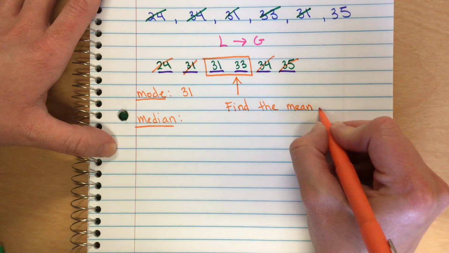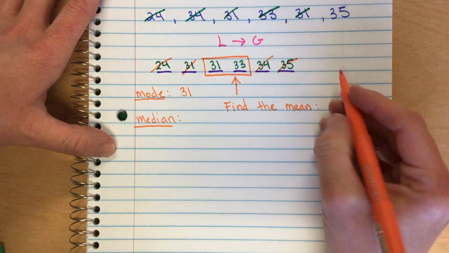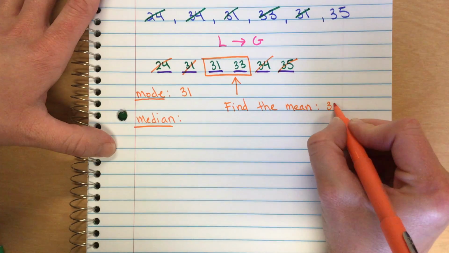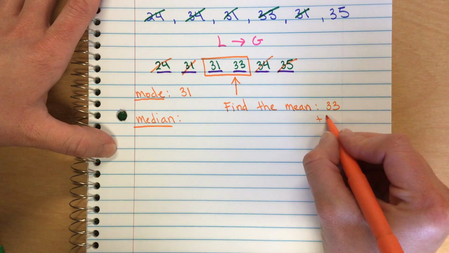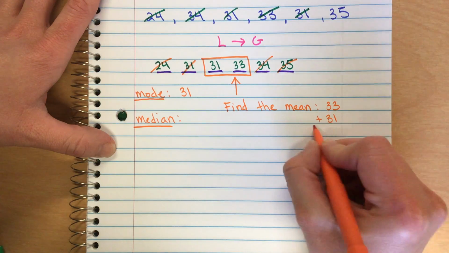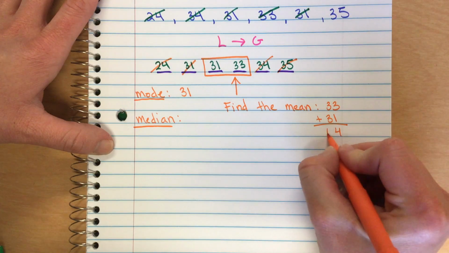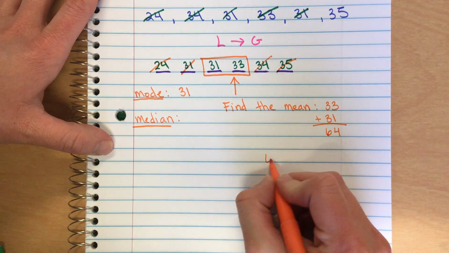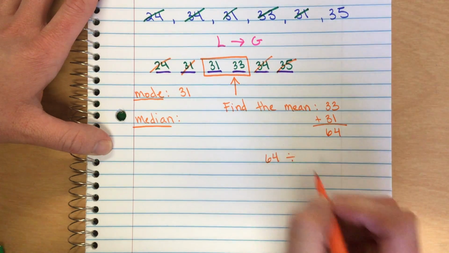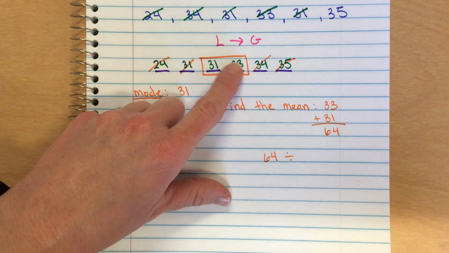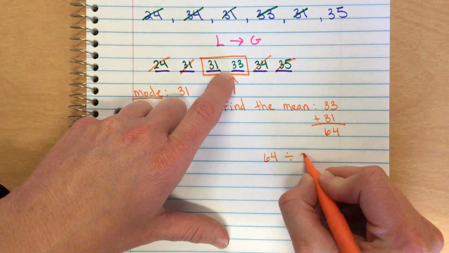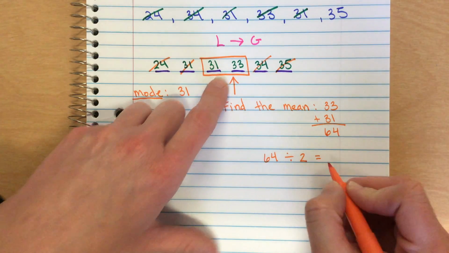Well, we take the sum, that gives us 64. Now we're going to take the sum and divide it by our number of items. Well, we're only finding the mean of these 2, so that means I'm going to divide by 2 because we're only doing these 2 numbers.